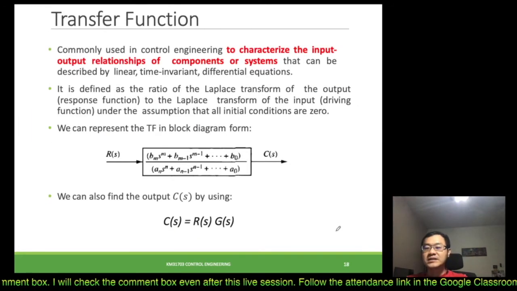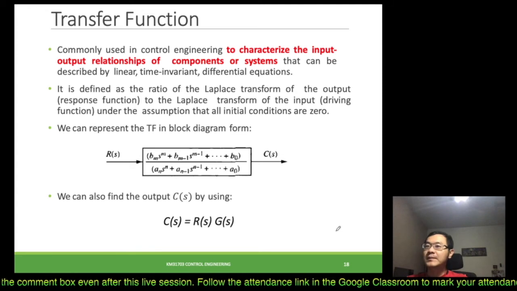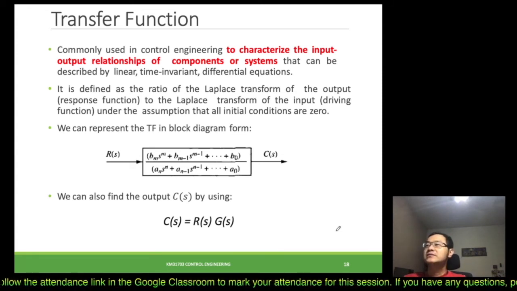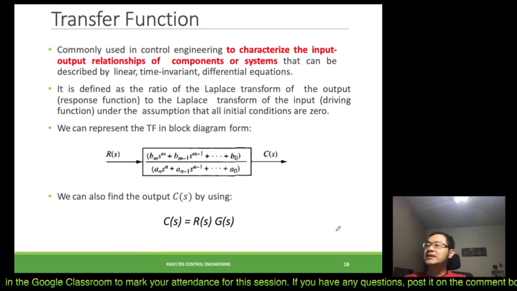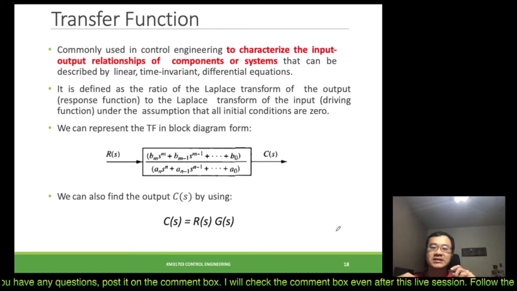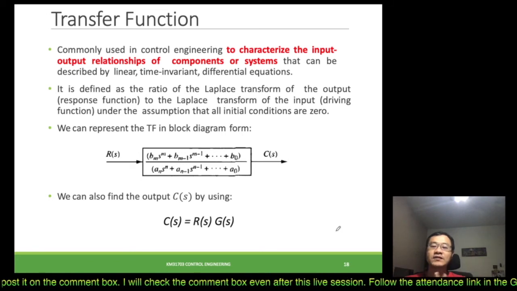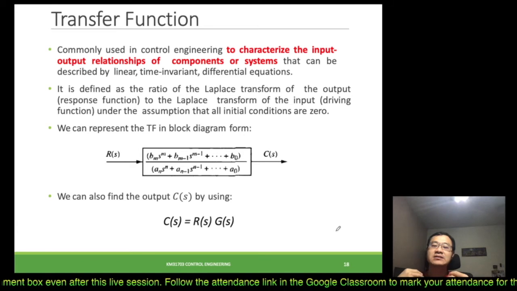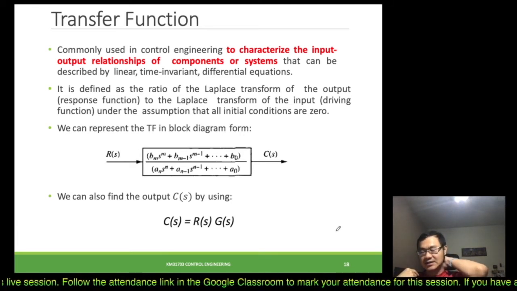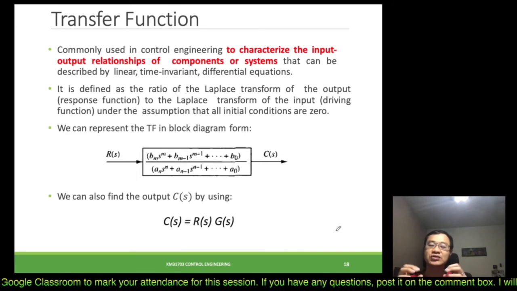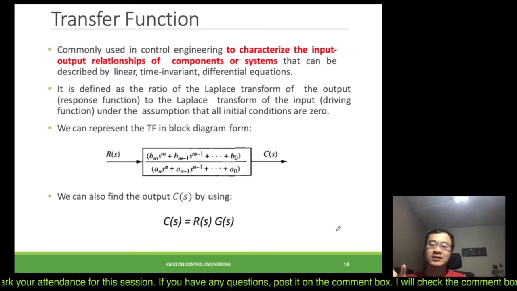Okay, next important fundamentals in control engineering would be the transfer functions. Transfer functions are commonly used in control engineering to characterize or to map the input and the output of a system. It can be described as linear or nonlinear, and mainly to describe the differential relationship between them.